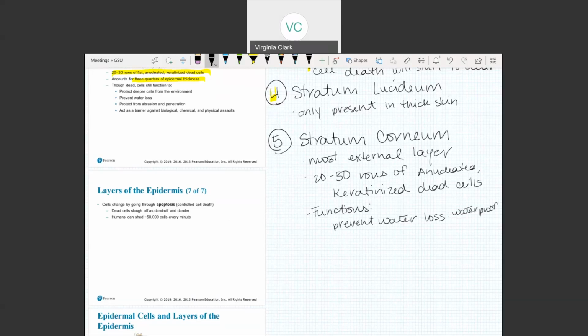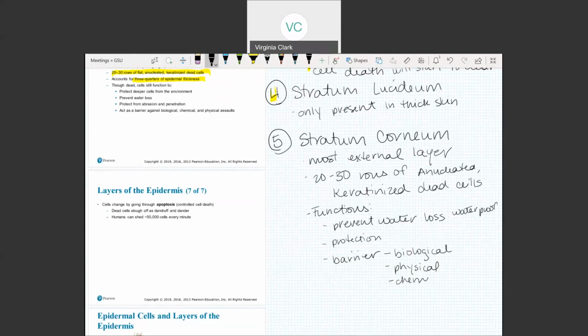It is actually going to be responsible for protection for deeper cells within the skin. So it's got just protection. And the primary reason is it's going to be a barrier. And this barrier is not just a barrier between the inside and the outside, but it is going to be a biological barrier. It's a physical barrier, and it's a chemical barrier.